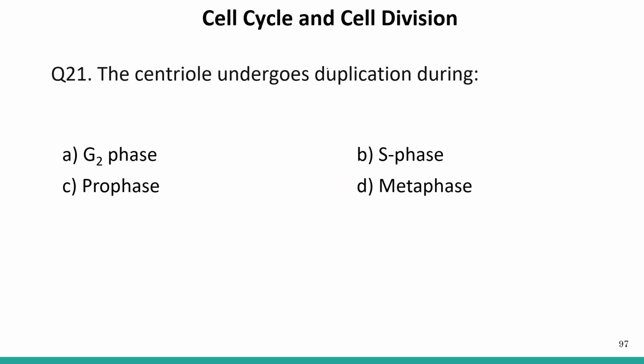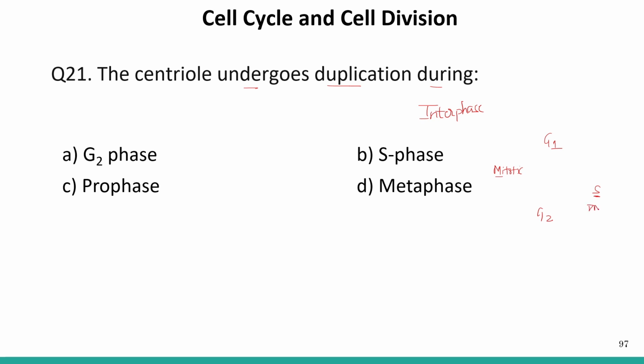Now next question is, the centriole undergoes duplication during which stage of the interphase? Again, in interphase we have G1 phase, S phase and G2 phase, and then we have the mitotic phase. So in S phase, what happens?